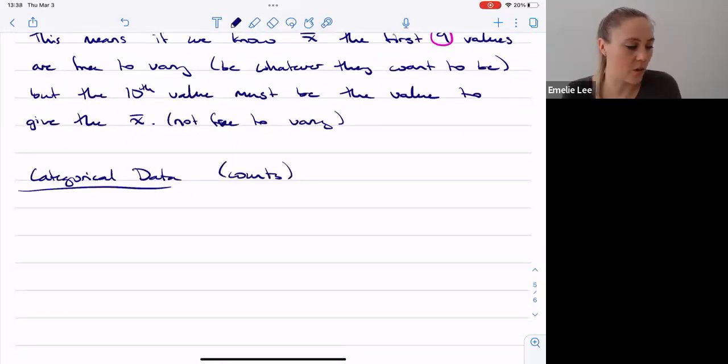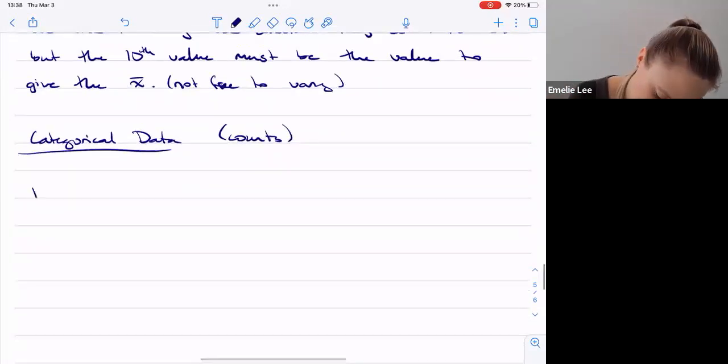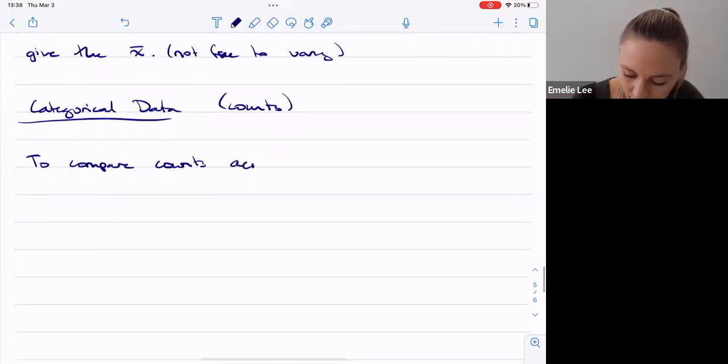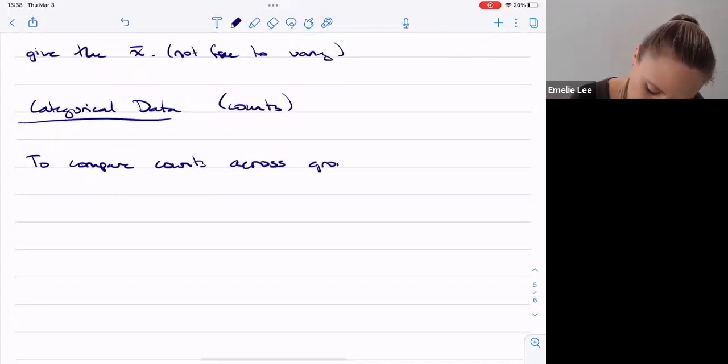And so the most common test that we do, as soon as we have more than two groups that we want to compare, and even with two groups, we can use a chi-squared. So to compare counts across groups, usually more than two groups.